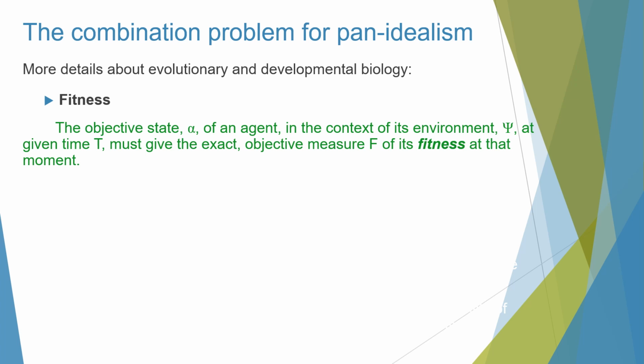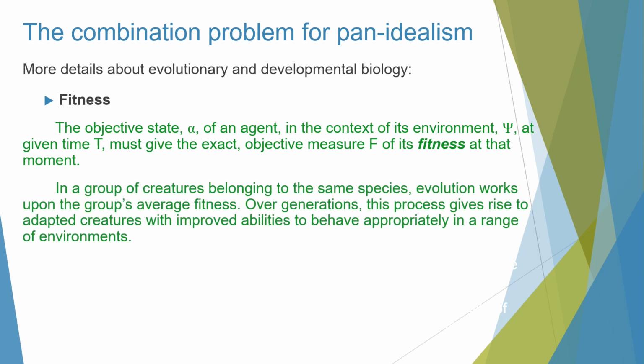struggle for existence. As is standard, in a group of creatures belonging to the same species, evolution works on the group's average fitness. Over generations, this process gives rise to adapted creatures with improved abilities to behave appropriately in a range of environments.